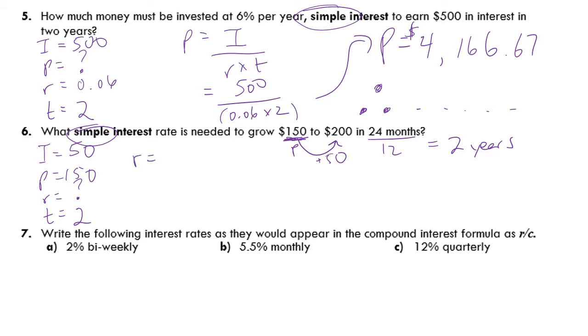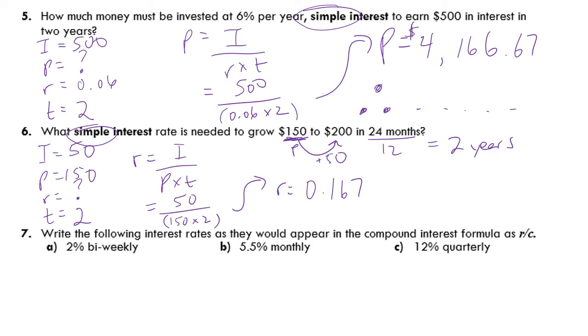Cover up R in the triangle. R equals I divided by P times T. 50 divided by 150 times 2. Again, make sure you put brackets around the bottom. 50 divided by, open bracket, 150 times 2. 0.1, we'll say 0.167 when we round.